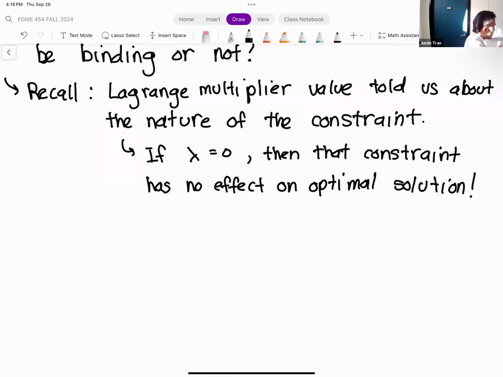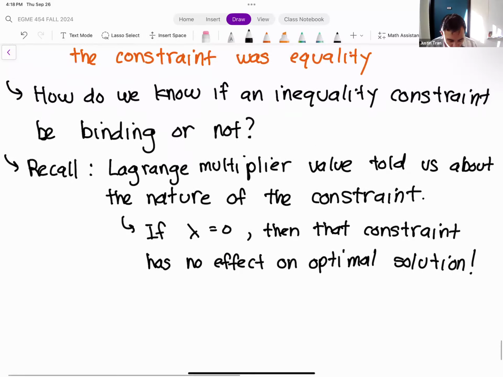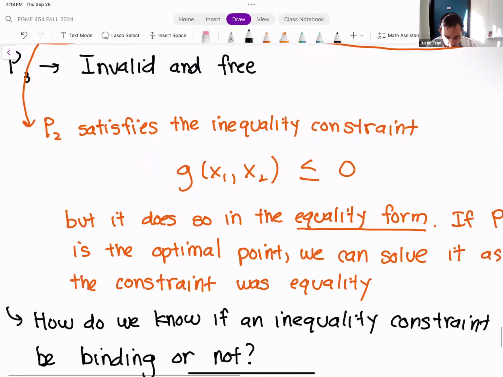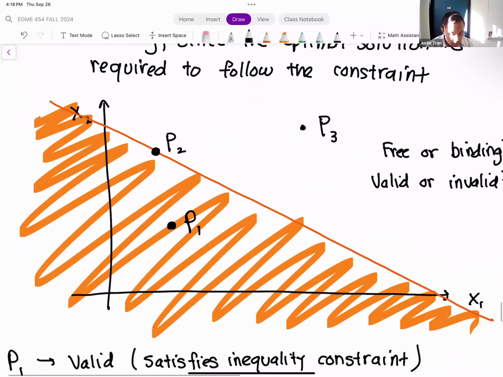If we take that notion into consideration and think about our definitions of free and bound points, look at some of the free points in our product here, say P1 and P3. Those ones are not really affected by the constraints. You can make that argument, right?